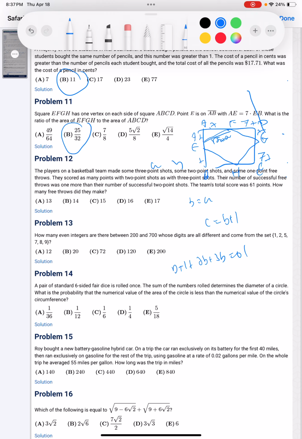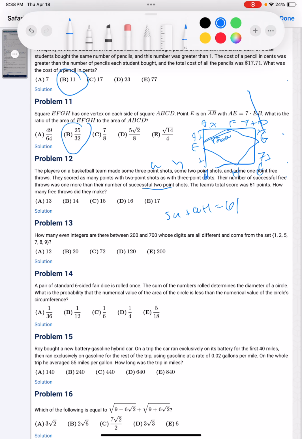There's 2 points, there's 3 point shots. So, okay, 5A. And the number of free throws is one more than the number of successful 2 point shots. 61. So A equals 10.